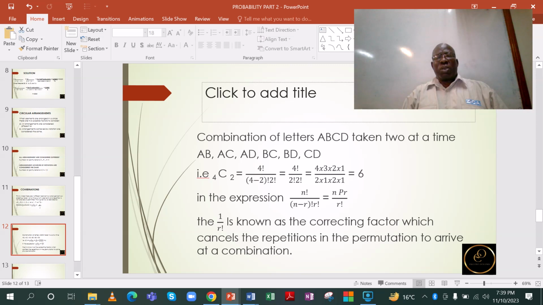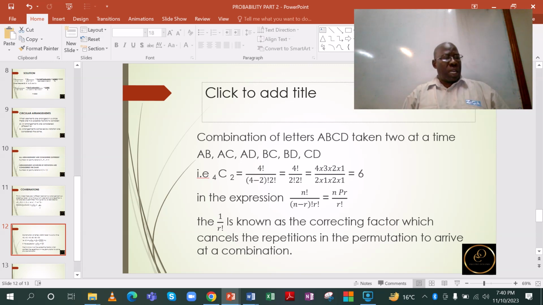So basically you are going to have 4 factorial divided by 2 factorial times 2 factorial. That is 4 times 3 times 2 times 1, then 2 times 1, which is a 2 factorial, then again 2 times 1, which is a 2 factorial. If you cross out this and that, you are going to have 4 times 3 divided by 2 times 1. 4 times 3 is 12, 2 times 1 is 2, 12 divided by 2 will be 6.